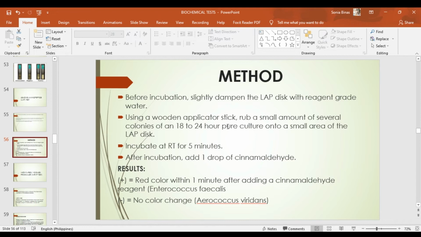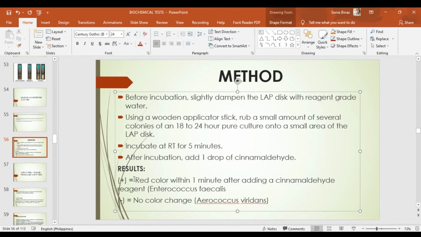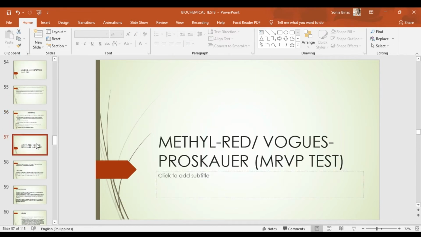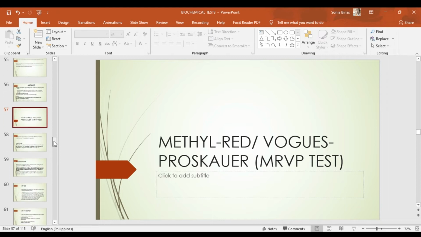Incubate at room temp for 5 minutes, and after incubation, we will add 1 drop of cinnamaldehyde. The positive result will produce a red color within 1 minute after adding cinnamaldehyde reagent. Pero pag negative, again, no color change. So, proceed to our methyl red or Voges-Proskauer, our MRVP.